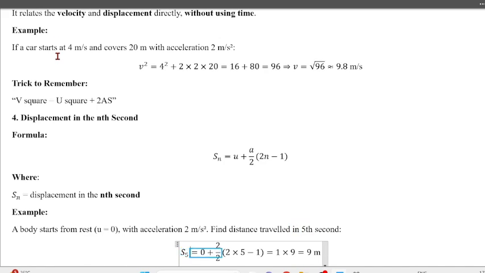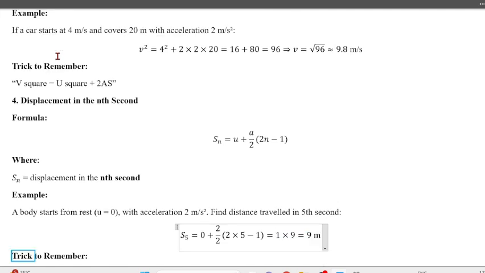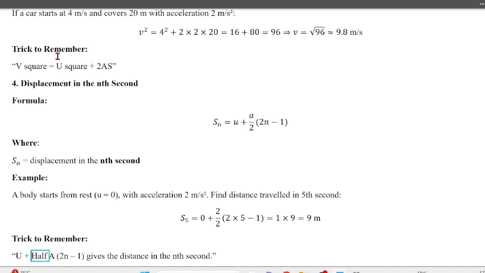S_5 equals 0 plus 2 over 2 times (2 times 5 minus 1), which equals 1 times 9, which equals 9 m. Trick to remember: u plus half a, times (2n minus 1), gives the distance in the nth second.